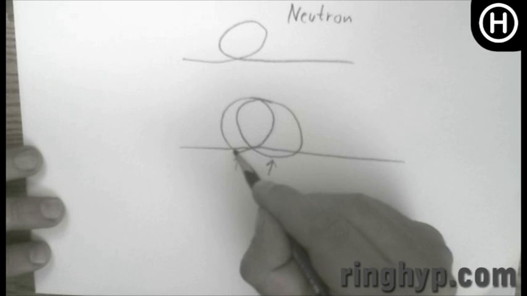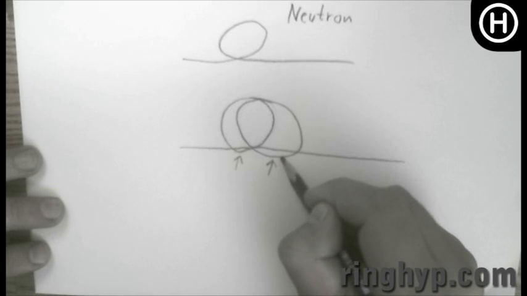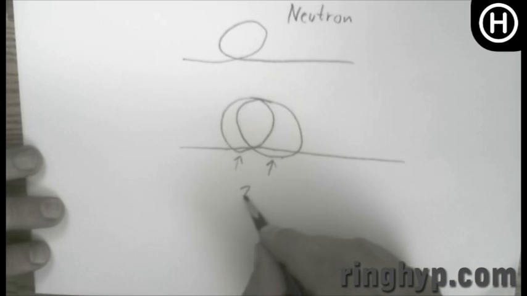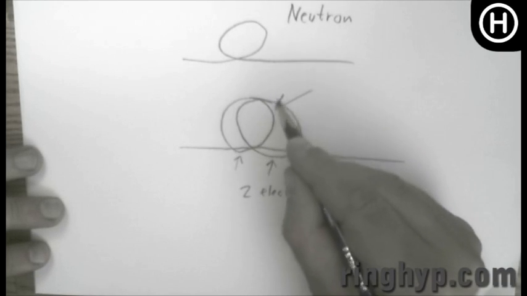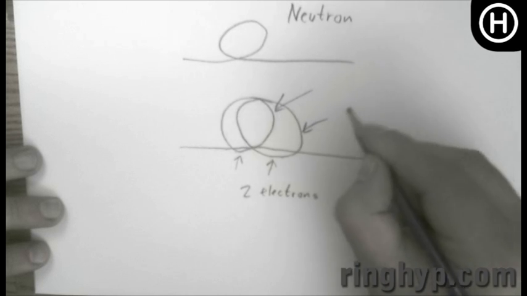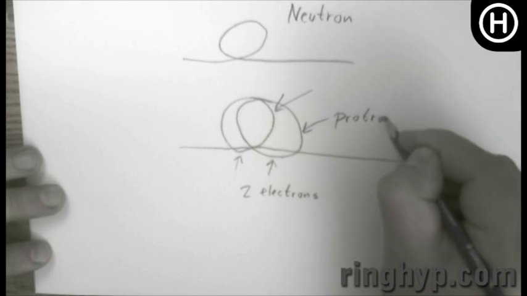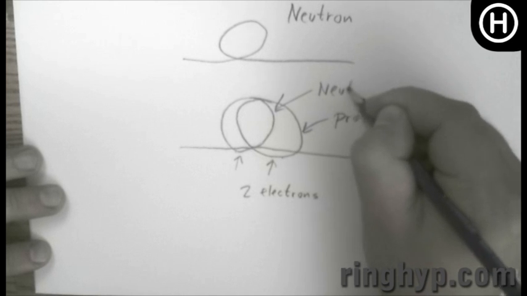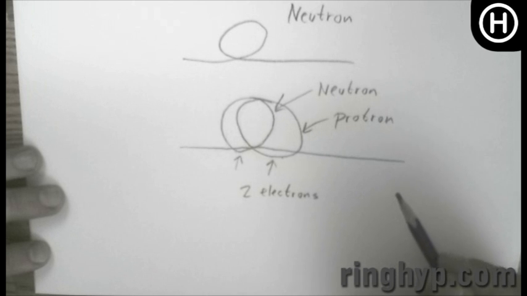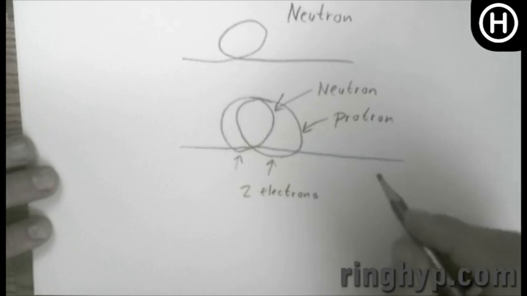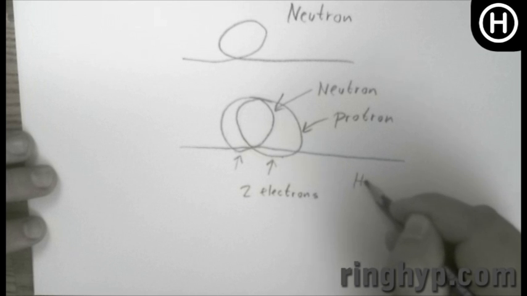And we can call that the neutron and the proton. And these we call electrons. So if it has 2 electrons, a neutron and a proton, it is quite stable. And this is one of the simplest atoms. We also can call this atom hydrogen.